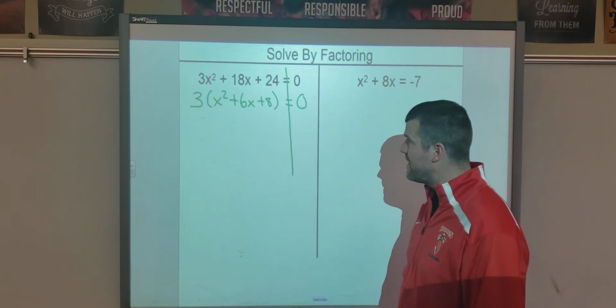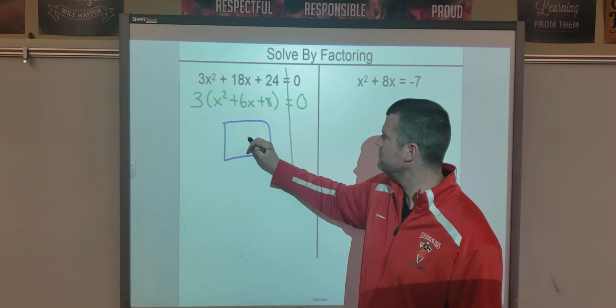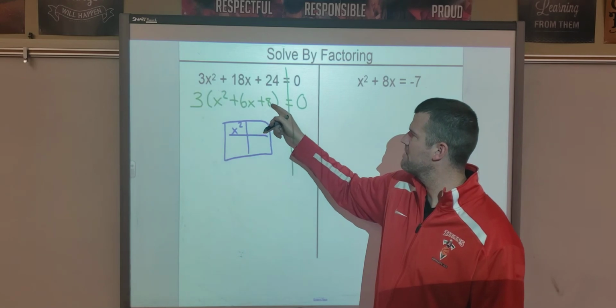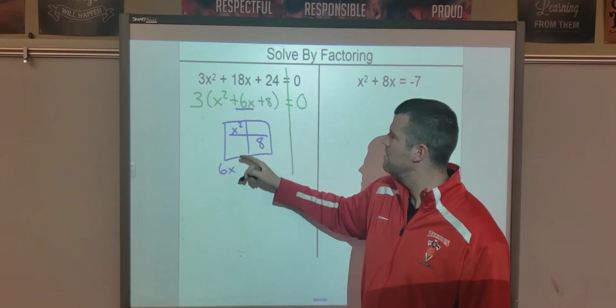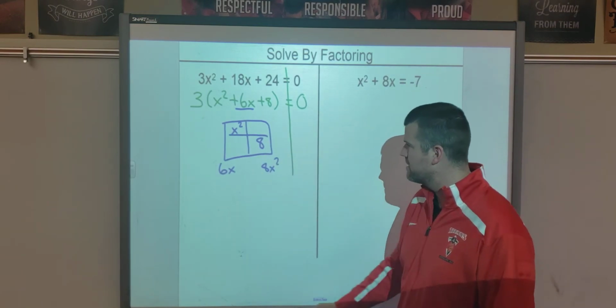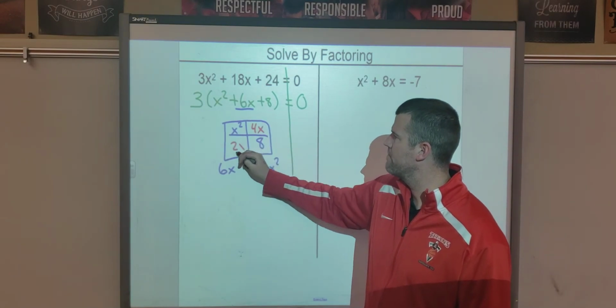And then I'm going to try to factor what's left over using the box. I'm going to do x squared, so first term first box, last term last box, add to the middle, multiply to 8x squared. That's going to give me 4x and 2x.